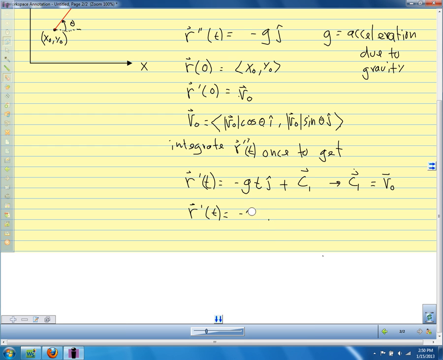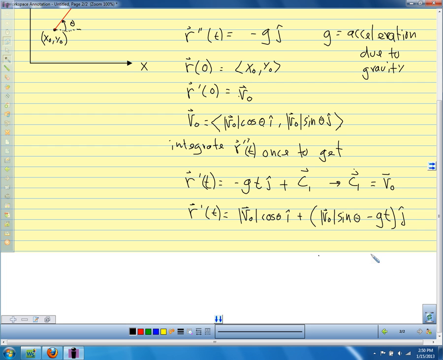Sorry, I went one step back, I'm copying the line before. r prime is going to be the magnitude of v0 cosine theta i, plus the quantity, using my expression for initial velocity, the magnitude of v0 sine theta minus gt, and that's going to be in the j direction.